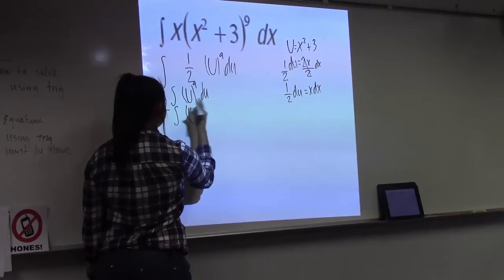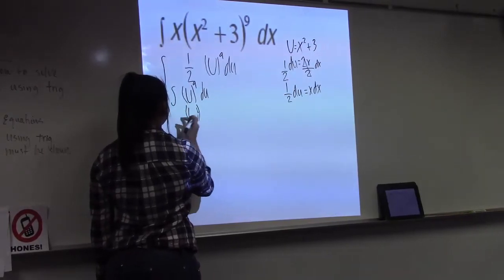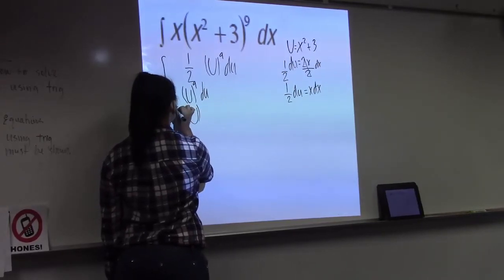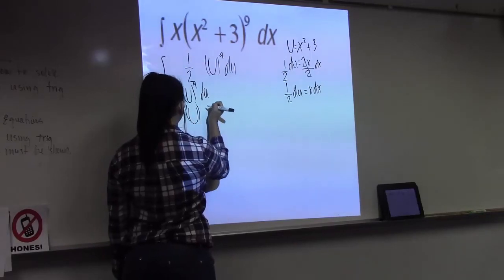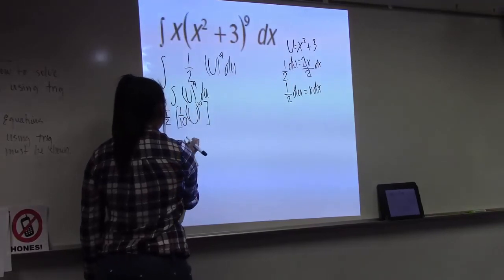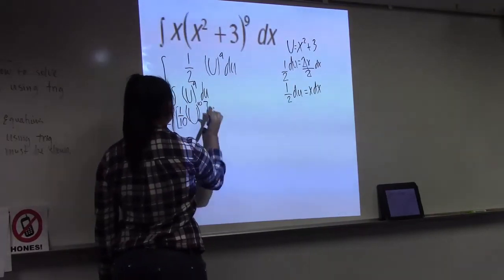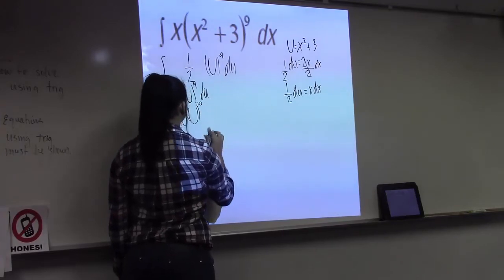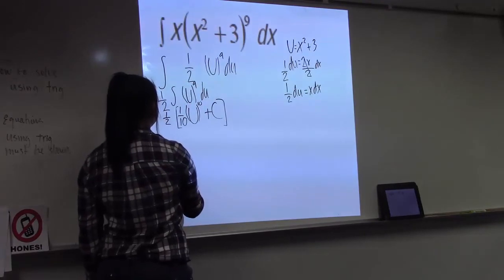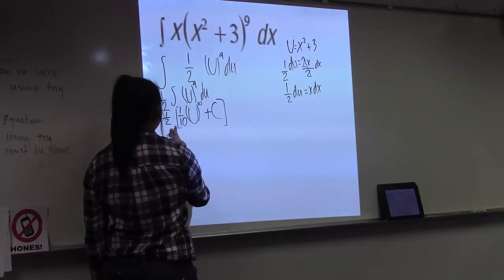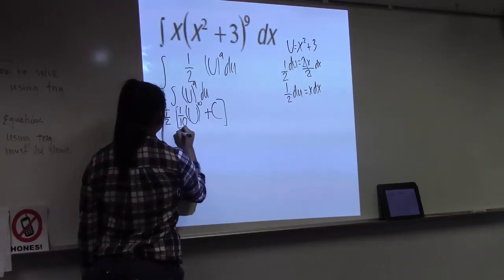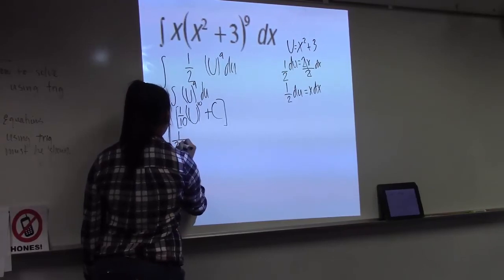That one disappears. 1 half bracket. And then I'm going to multiply the 1 half and the 1 over 10, so I'm going to have 1 over 20.